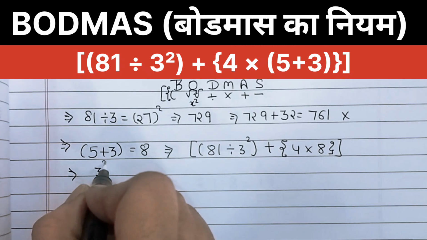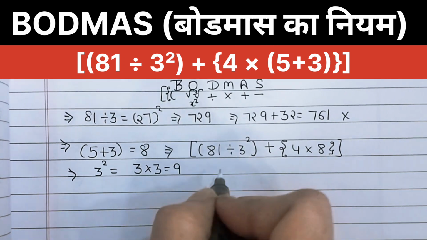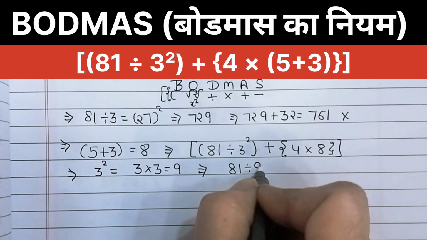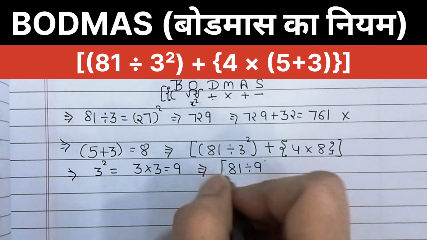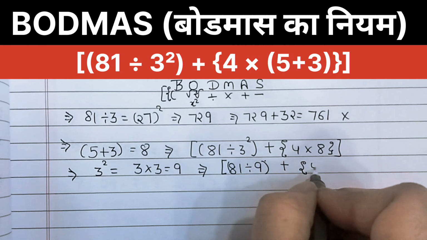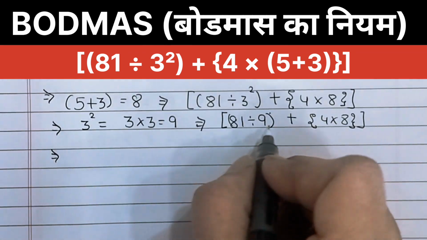First we solve 3 square equals 3 multiplied by 3 equals 9, and the expression becomes 18 divided by 9 square bracket and then plus 4 multiplied by 8. Next step, solve the division inside the bracket.